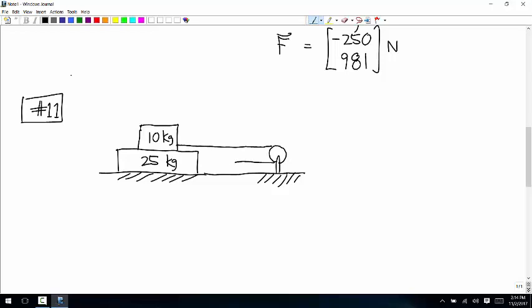They're connected by a cable that goes over a pulley. And at this instant, it says the 10 kilogram box, the top block, is sliding to the left.